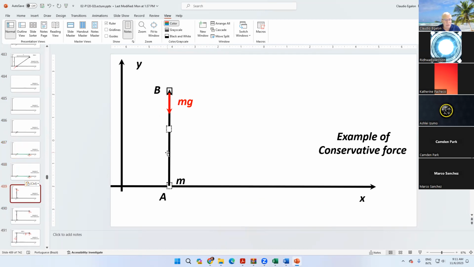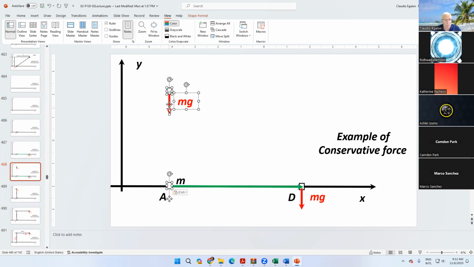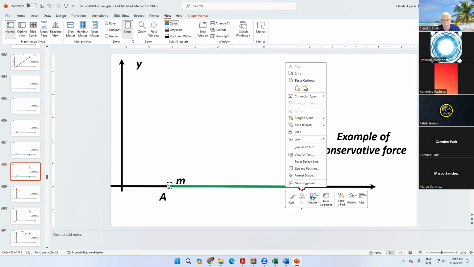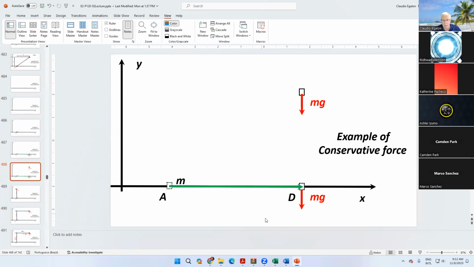And in the next step, bring it to the top, right? I call it point D because it's a different point, not the same one.